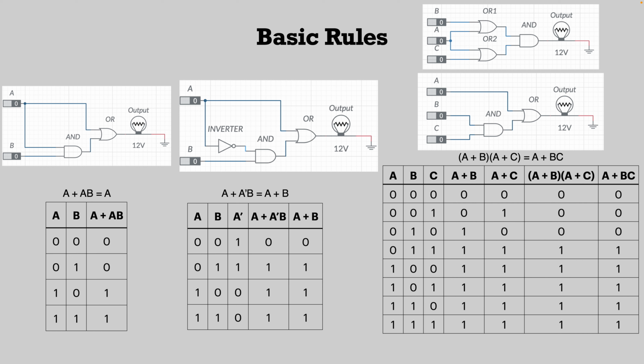And lastly, we have (A OR B) AND (A OR C), and that simplifies to A OR (B AND C). You can see the truth table there. Again, the last two have equivalent values. You can also see the schematics for both of them above.